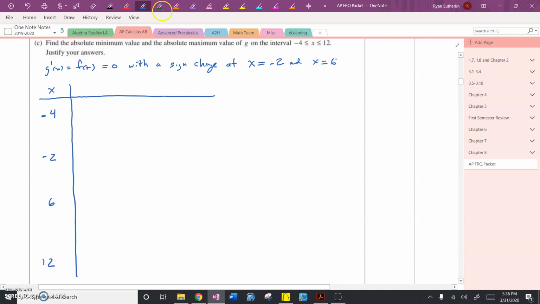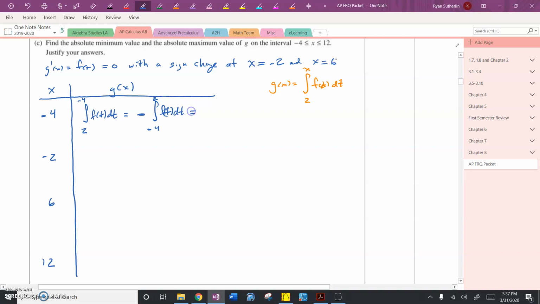Now remember, g of x, I'll put this over to the side, g of x is the integral function from 2 to x of f of t dt. So if I want to evaluate the function at -4, I have the integral from 2 to -4 of f of t dt. Those bounds are backwards, so I'm going to make this the opposite of the integral from -4 to 2 of f of t dt.